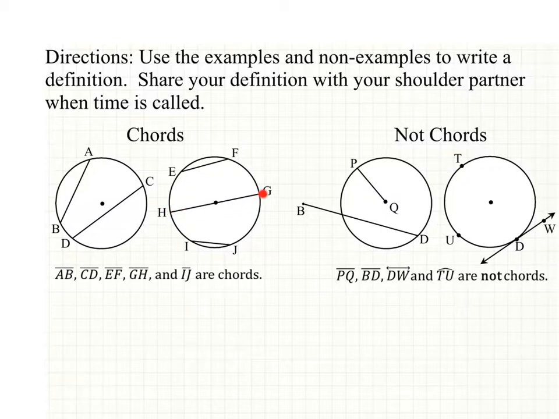It is a segment of fixed length, and the endpoints are on the circle. PQ is not a chord since one of the endpoints is the center. It should be on the circle. BD is not a chord since B is not on the circle. Line UW is not a chord since it's a line. A chord has a specific length.